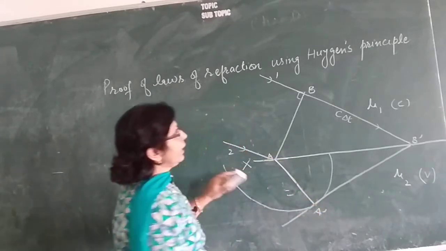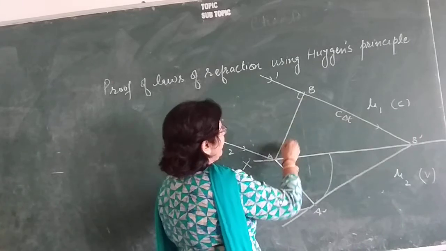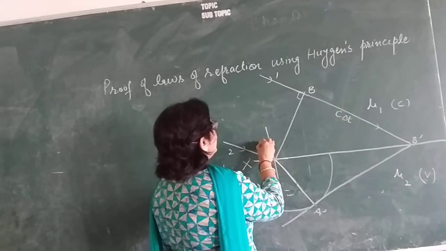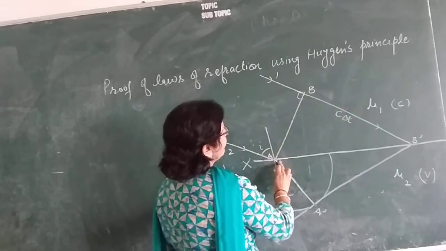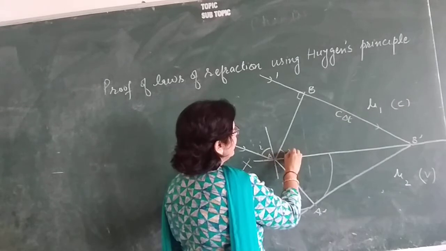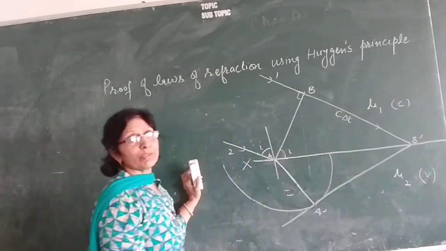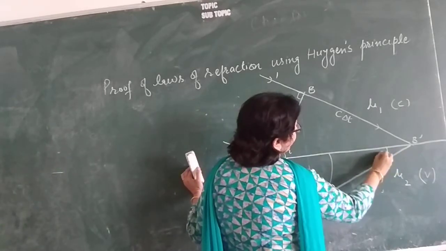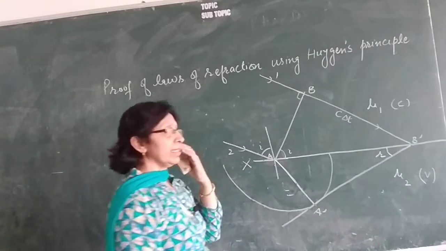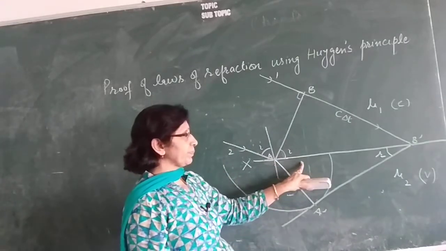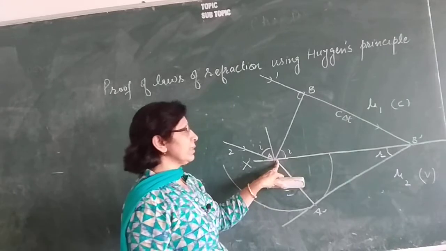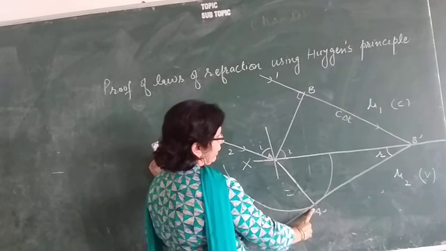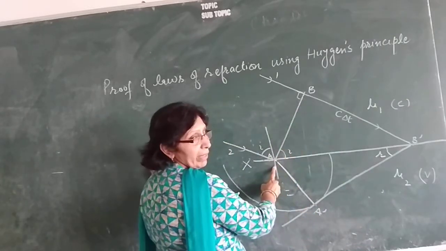Now this was the primary wavefront, and if I draw a normal at A, this was the angle of incidence, and the primary wavefront also makes the angle of incidence with the refracting surface. Similarly, this is the refracted wavefront, and the refracted wavefront makes an angle r, that is the angle of refraction, with this refracting surface. Now B dash A dash is the secondary wavefront, AB is the primary wavefront.